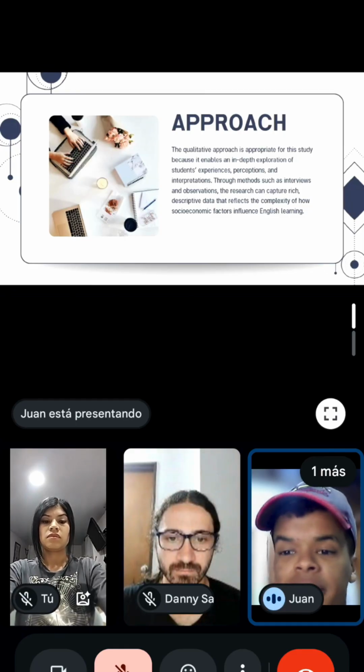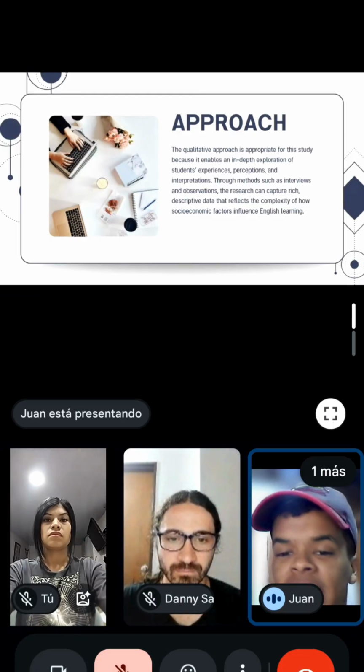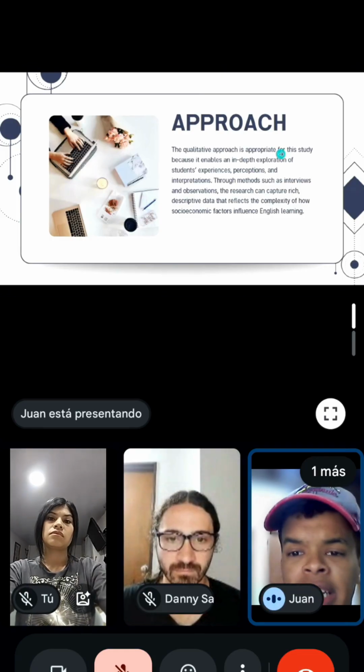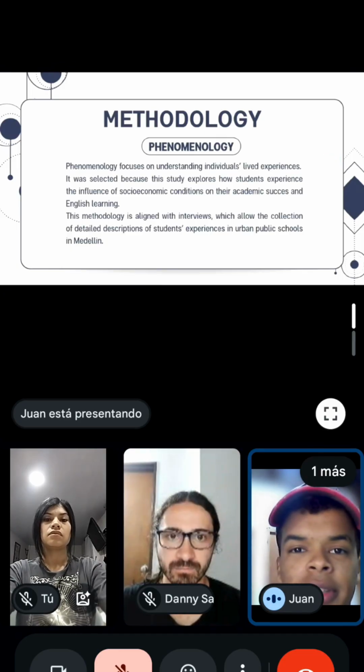This allows us to capture the complexity of how their socioeconomic context really affects their English learning. So now let's move on with the methodology by Kate. Go ahead, you have the word.